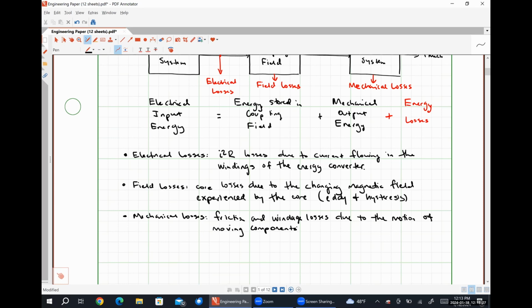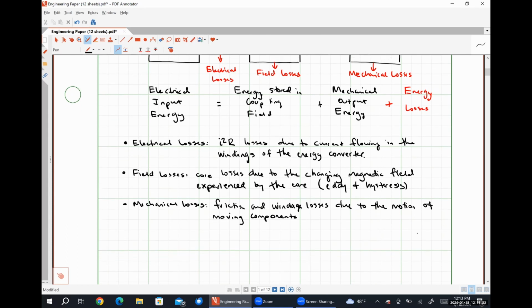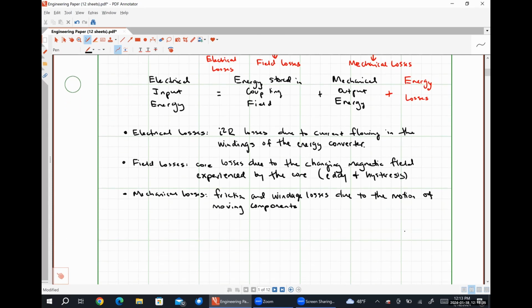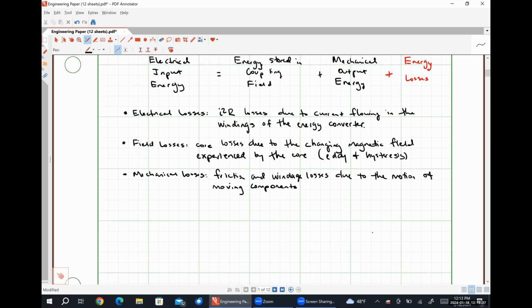So including these losses and rearranging, we can rewrite our energy transfer equation as follows. On the left-hand side, we're still going to have electrical energy. And we're going to take away from this our I squared R losses so that we have some net electrical energy on the left-hand side of our equation.